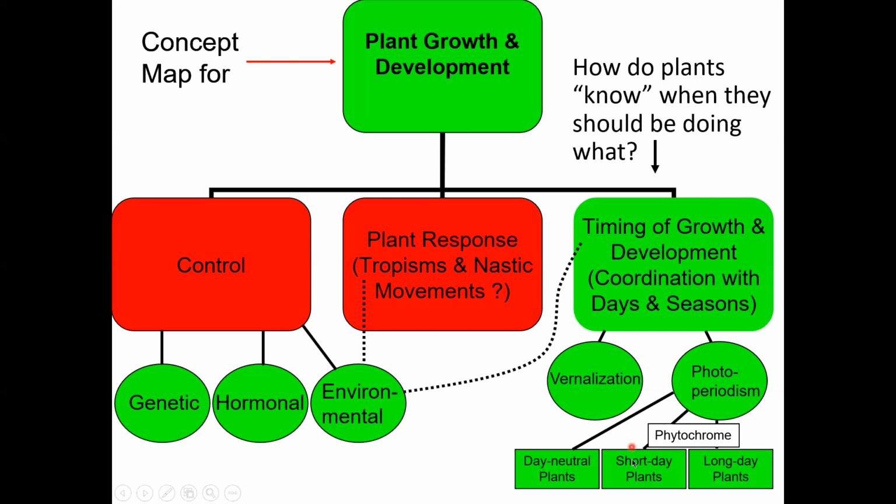Some plants will come into flowering if there's a short day in terms of light hours, and others will flower for a long day, over a certain length, for example, over 12 hours. Phytochrome is a pigment that gets involved in that process. Phyto means plant, chrome means color.